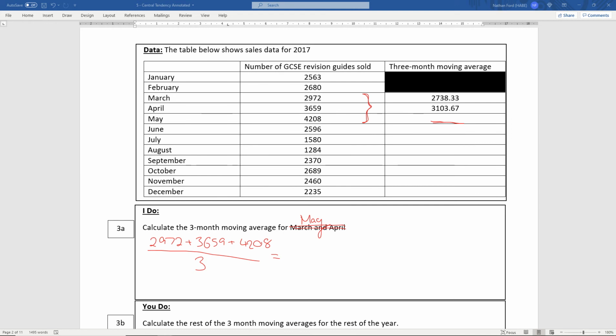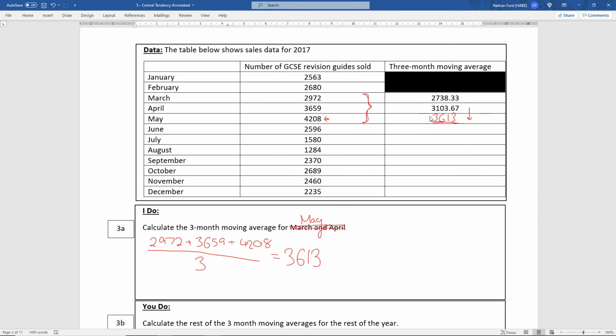If we do that, we have an average of 3613. So this would be 3613 there, which makes sense. This should be going up considering we have a really high sale that month.